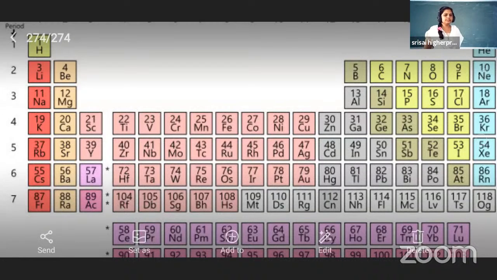Here, see students. Here atomic number and atomic mass are different.